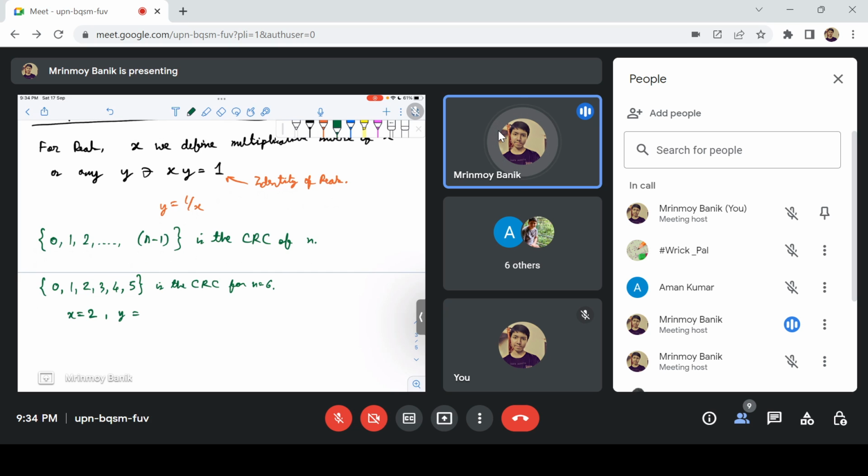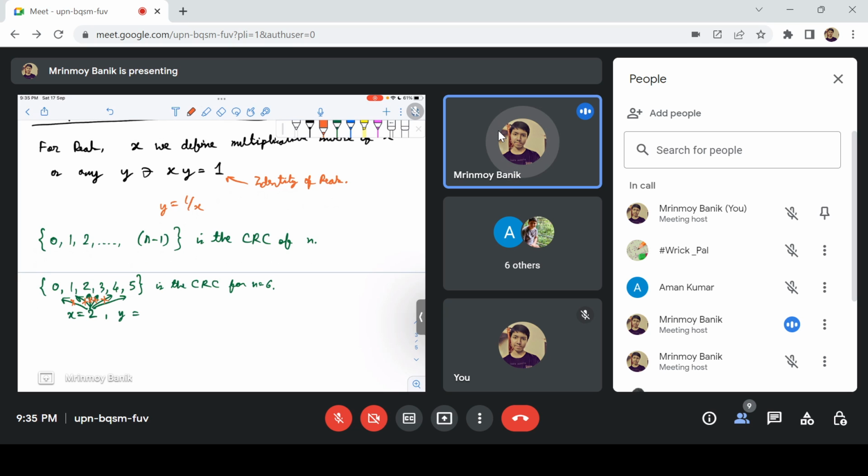So let's try it out. Let's try to multiply 2 with all of them. So 2 times 0 is obviously not 1 mod 6. 2 times 1 is 2, which is again just 2 mod 6. 2 times 2 is 4, still just 4 mod 6. 2 times 3 is 6, so that's 0. 2 times 4 is 8, that's also not the answer.